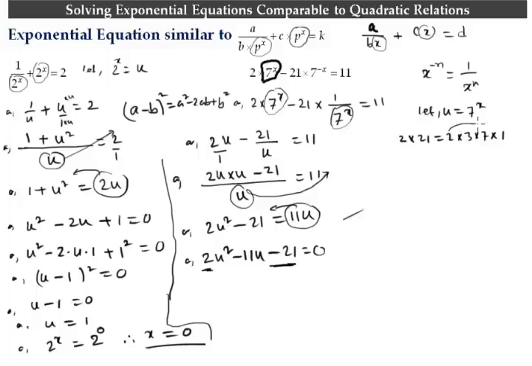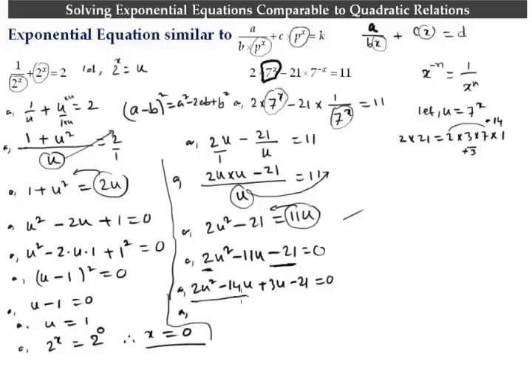So 2 and 7 will give us 14, and 3 and 1 will give us 3. So 14 and 3, their difference is 11. So we will take 14 as negative and 3 as positive. So we can write this as 2u square minus 14u plus 3u minus 21 equals 0, since minus 14 plus 3 gives us minus 11.